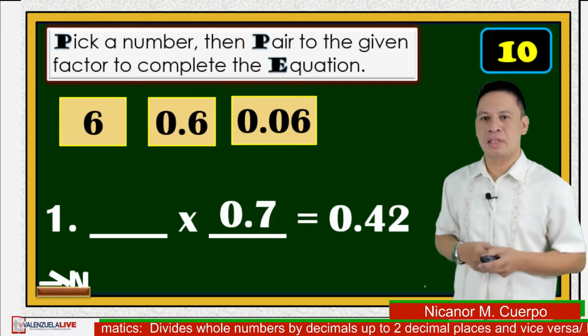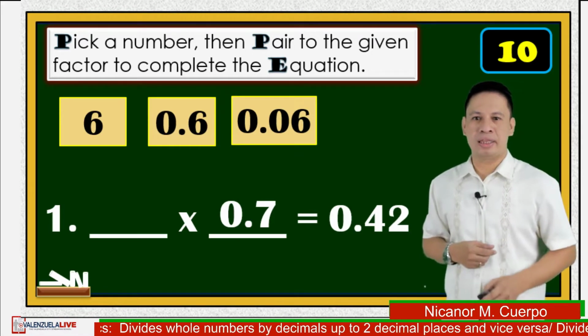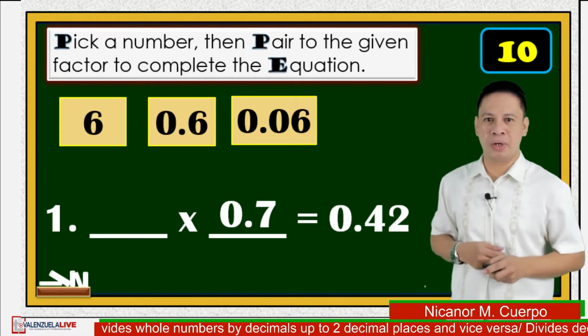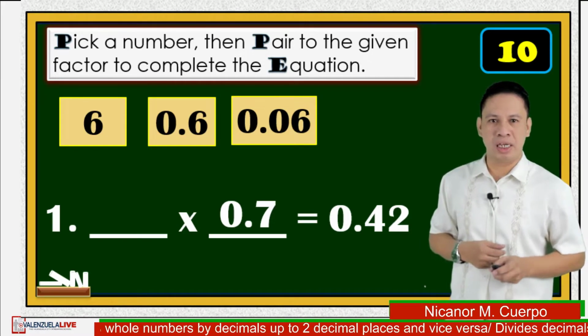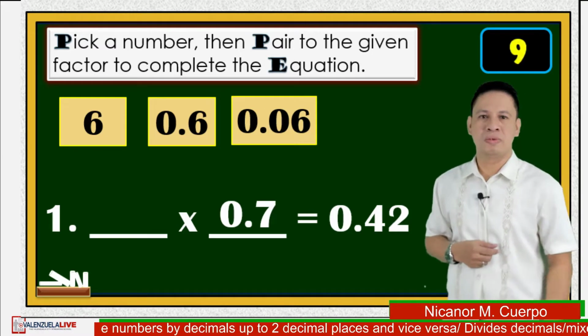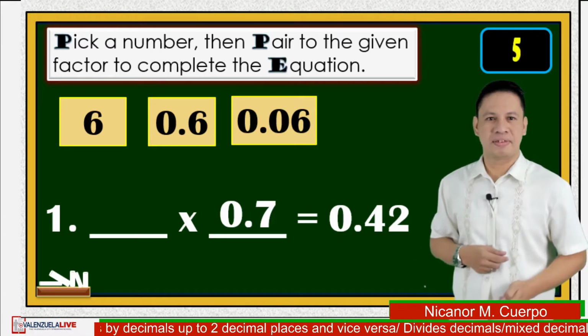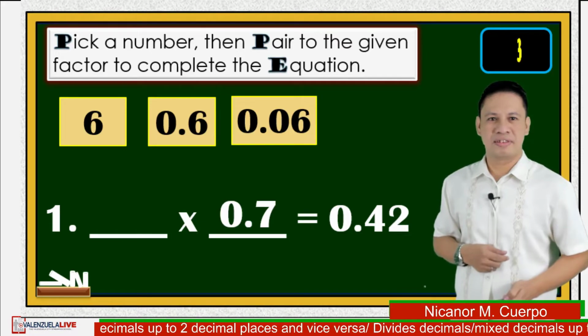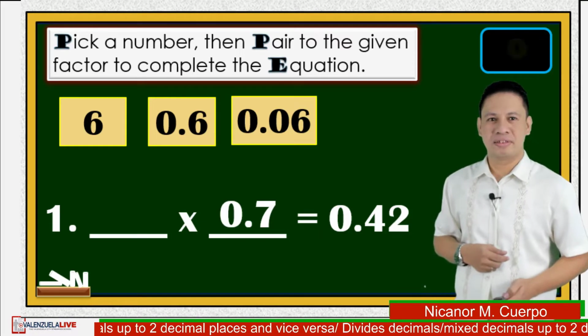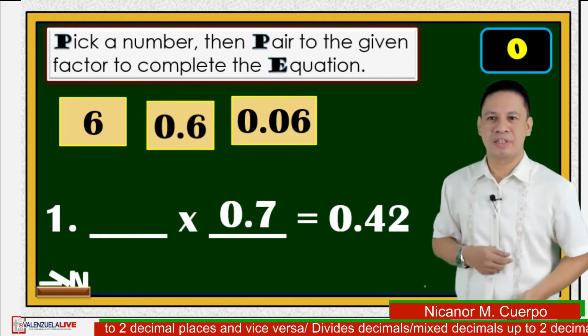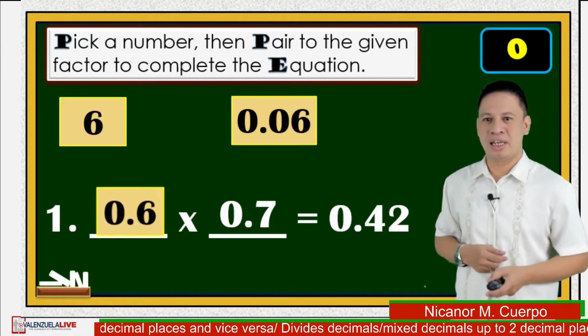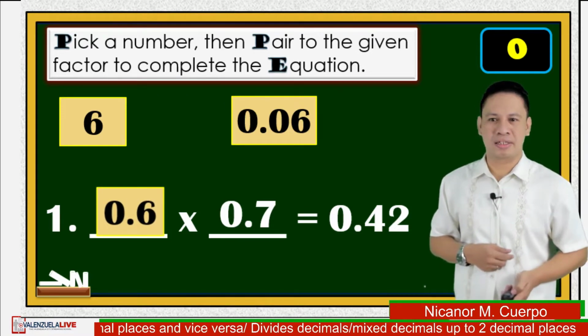Number 1, blank times 7 tenths equals 42 hundredths. PPE, go. Time's up. The correct answer is 6 tenths. Next.